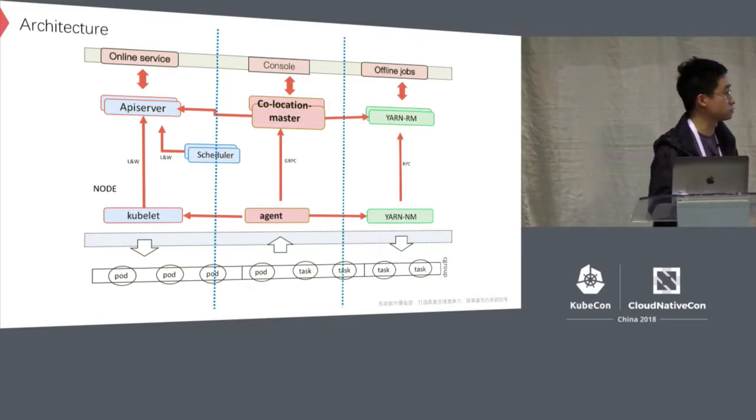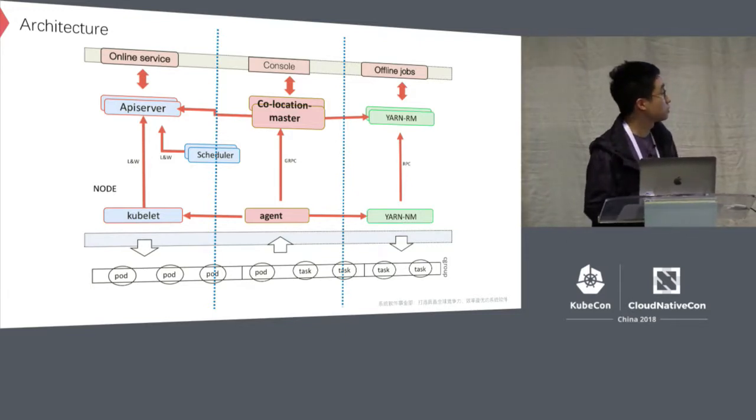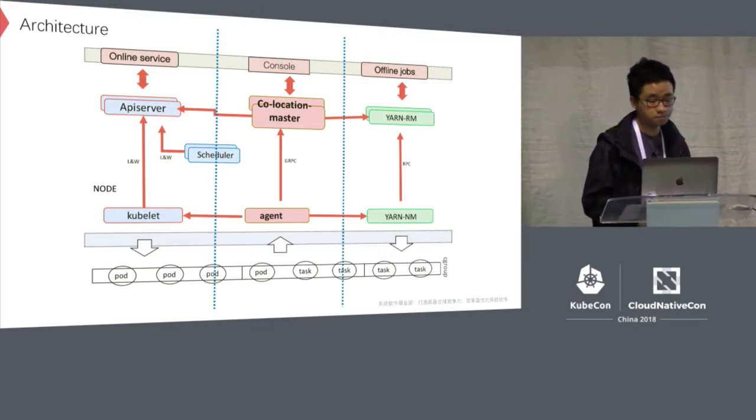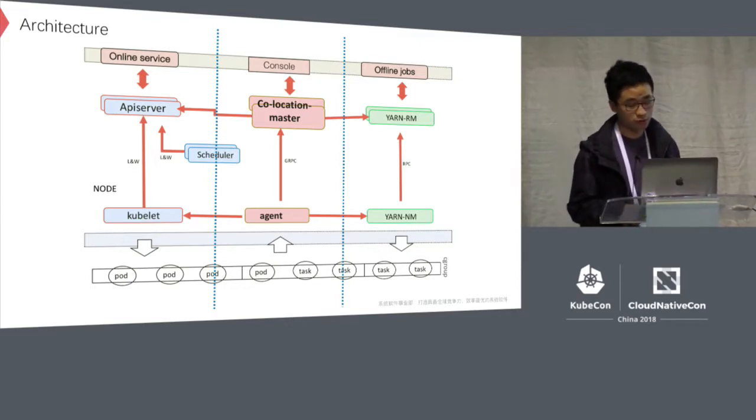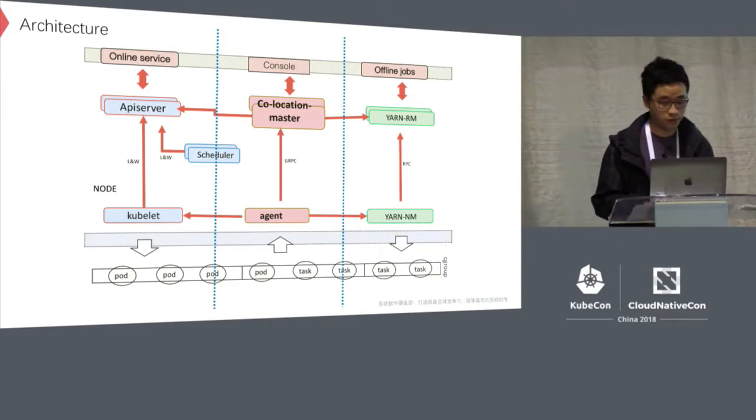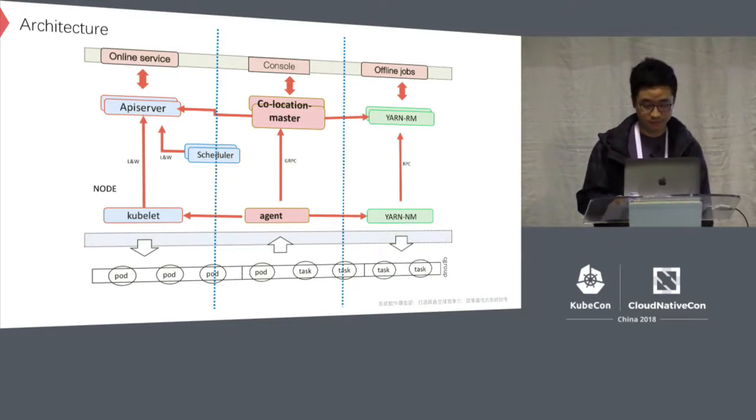And the whole process will be based on the prioritized list. In addition, the agent also involves cgroup parameters to make sure that for both ends the usage won't exceed the original cgroup size.